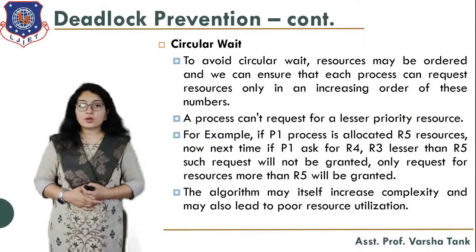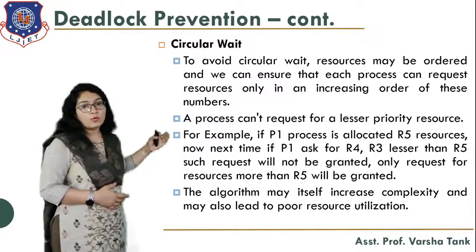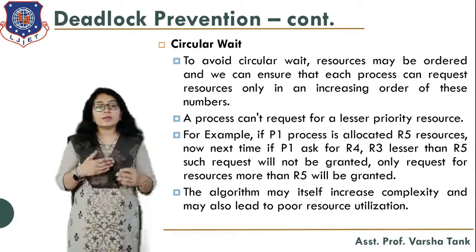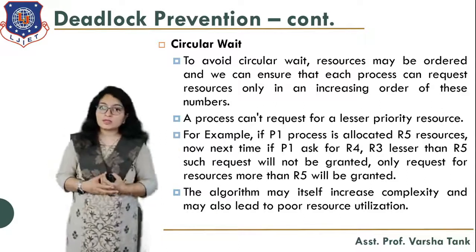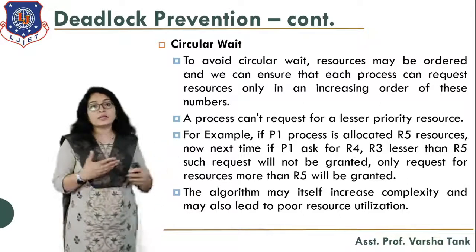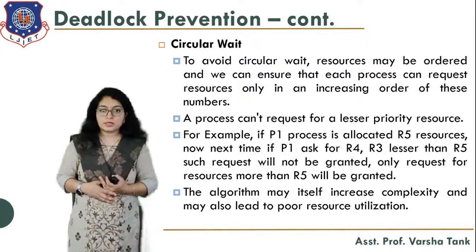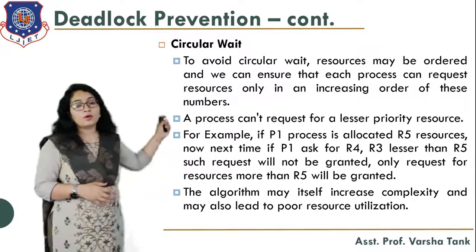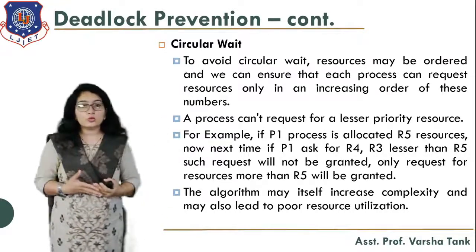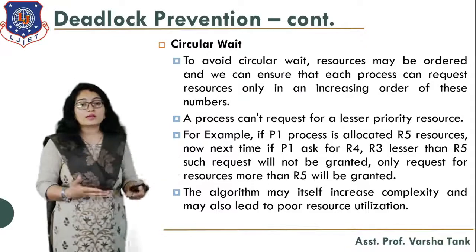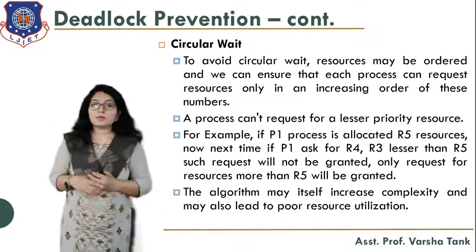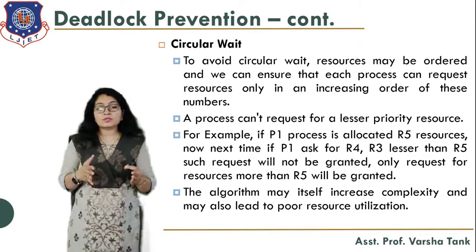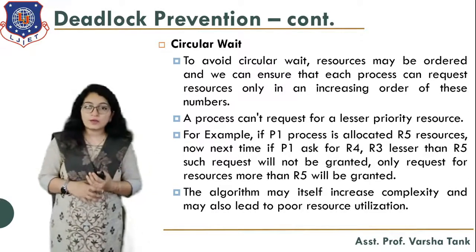Now next is the circular wait. Okay, so to avoid the circular wait, resources may be ordered, and we can ensure that each process can request the resources only in increasing order of these numbers. So to avoid the circular wait, what we can do here is assign the resources increasing numbers. For example, if the process P1 has been allocated the resource R5.